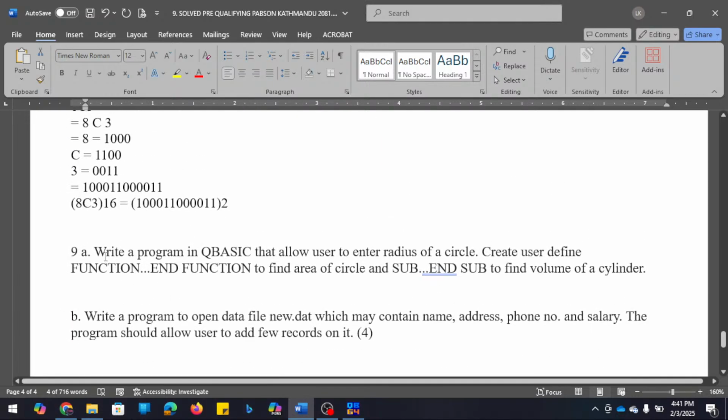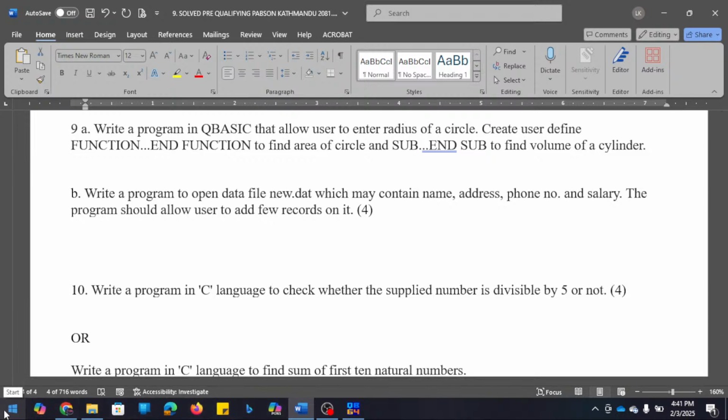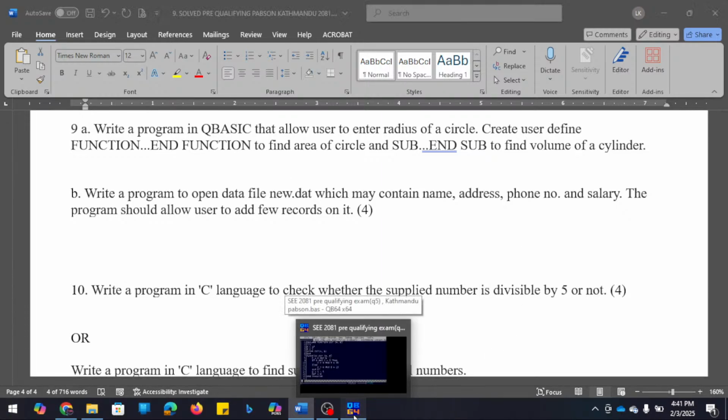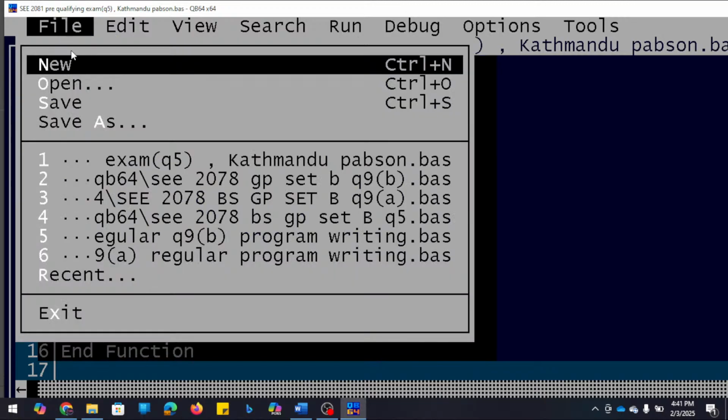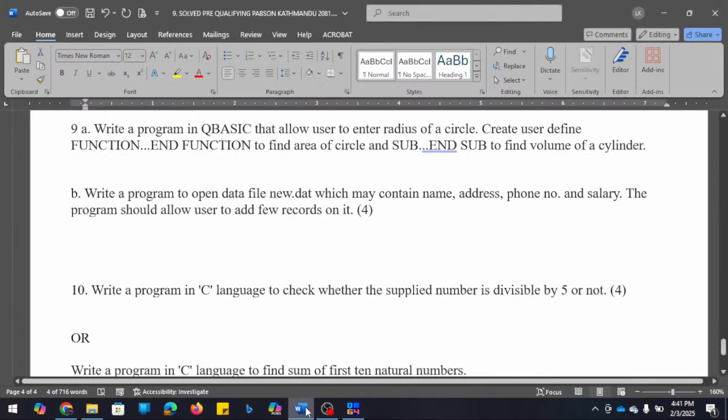Now let's go for number 9. Write a program that allows the user to enter the radius of a circle, and create a user-defined function, a function to find the area of a circle, and a sub to find the volume of a cylinder. So let's go for it. For the sub procedure we have to use sub, in sub the volume of cylinder.